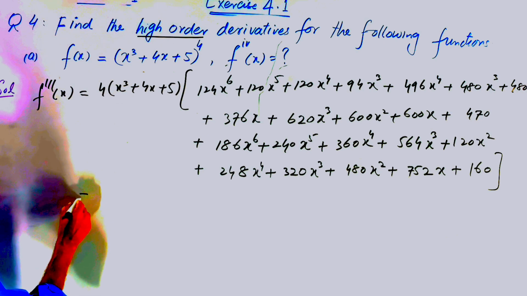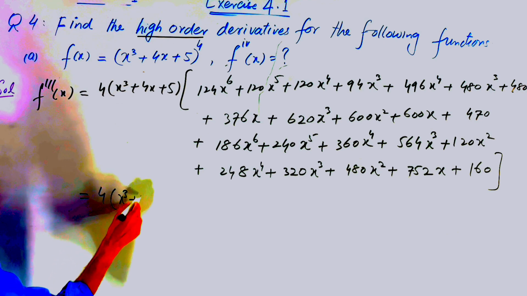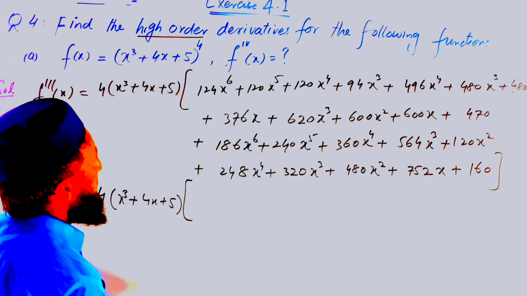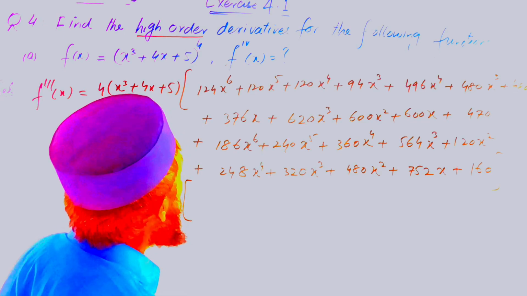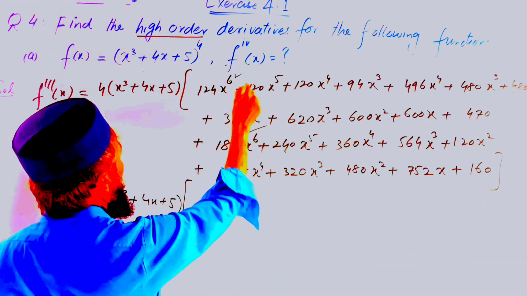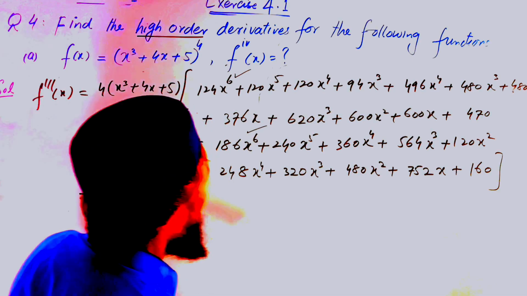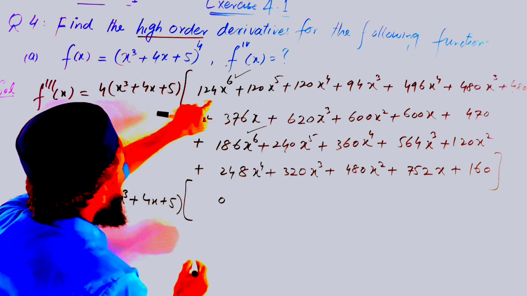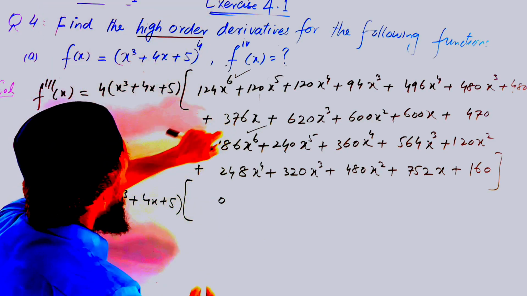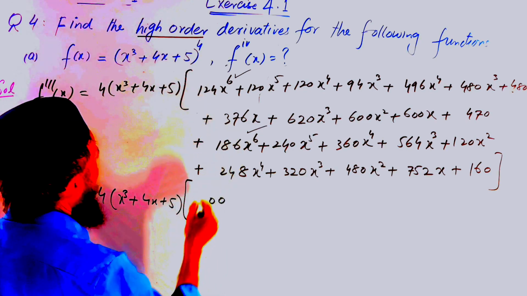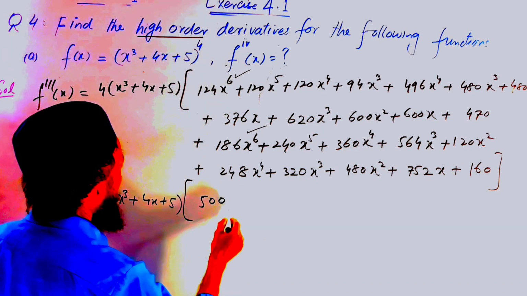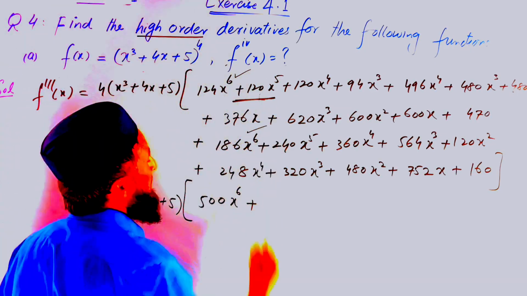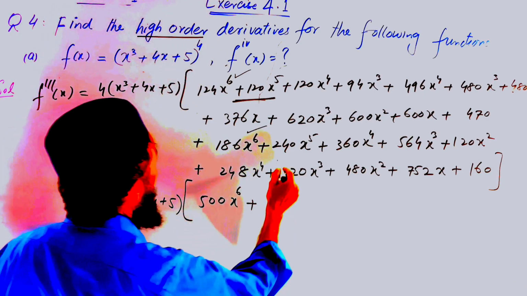Now 4x cube plus 4x plus 5 common. So x power 6, we search for x power 6. X power 6 is one term is this one and the other x power 6 is not available. So these two terms we add, 6 plus 4 we get 10, 3 plus 3, 10 2, 500 x power 6 plus x power 5 is one term and the other term we get here.